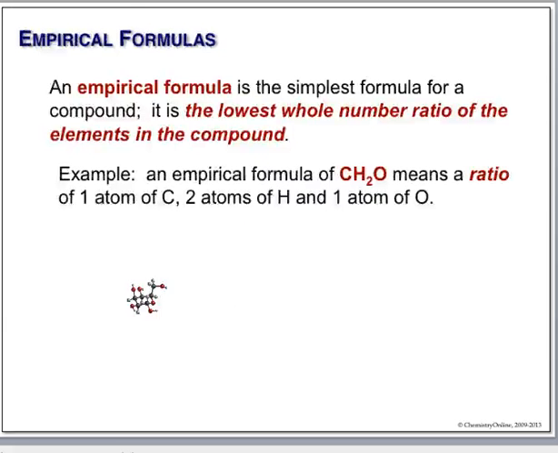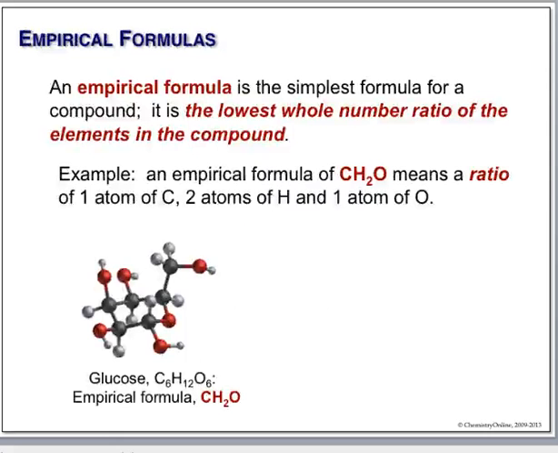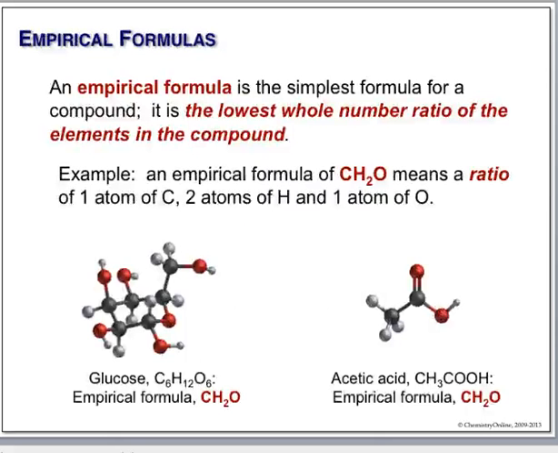It tells you what the molecule is, the ratio of the atoms, etc. There's another type of formula, and that's called the empirical formula. The empirical formula is different because what you do is you take the molecular formula for glucose, C6H12O6, and rewrite it as the lowest whole number ratio of the elements.